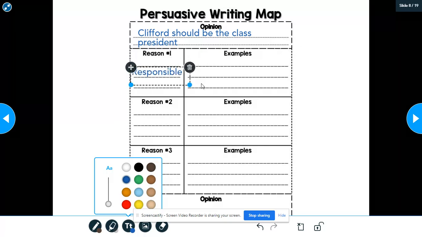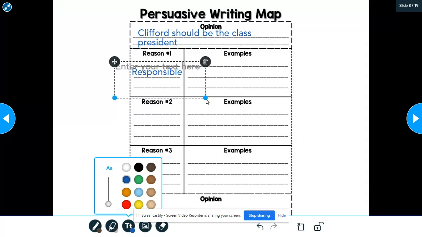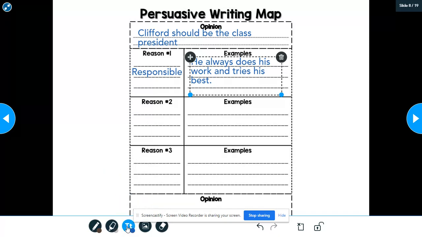So I'm going to put that for my reason number 1. And then I'm going to prove, how is he responsible? Well, in my case, Clifford, he's responsible. He always does his work and tries his best.